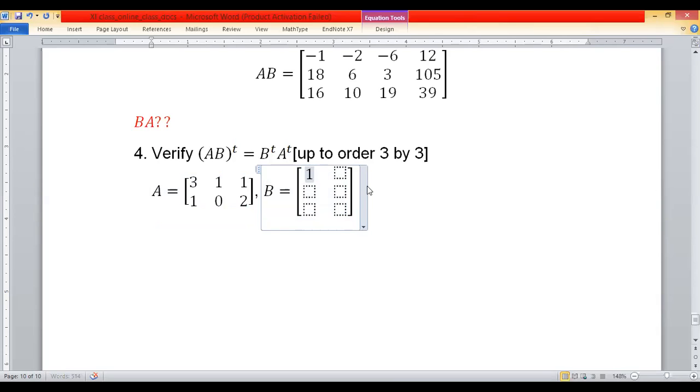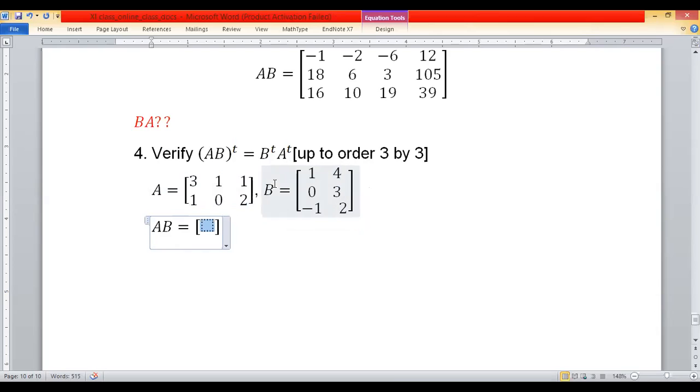Write example 1 0 minus 1 2. Let's say 3 4 here. So whenever you multiply A with B, you can see the order of this matrix would be the order of the product. So what should be the order of AB? This is 2 by 3 and this is 3 by 2.